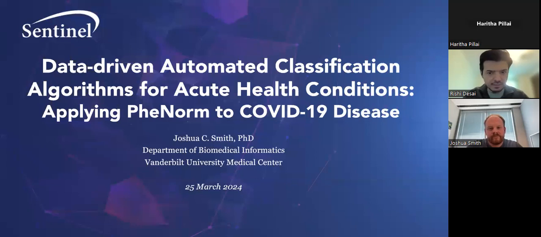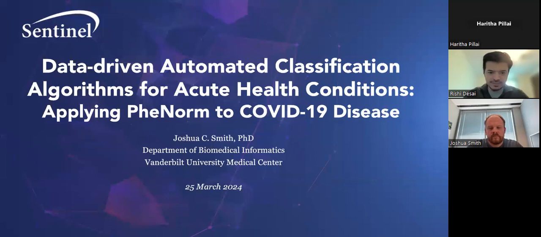He is a faculty member in the Vanderbilt Center for Improving the Public Health Through Informatics, or CIPHI, and a fellow of American Medical Informatics Association. Dr. Smith has been a part of Sentinel's Innovation Center since its inception, leading multiple projects. He currently serves as the co-lead for the Signal Detection Analytics Board and also has led a number of other projects in addition to what he's presenting today.